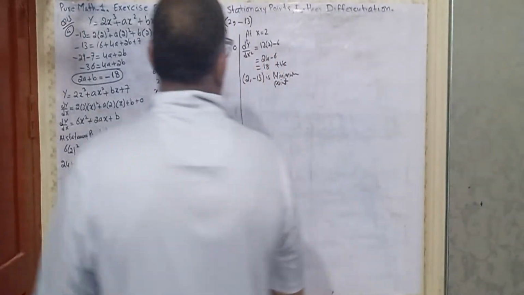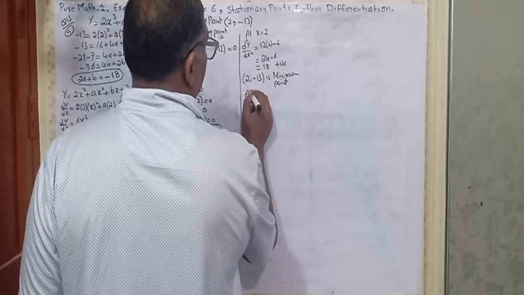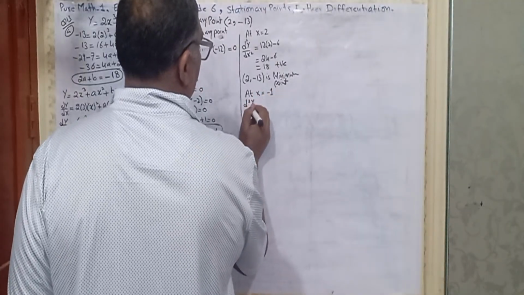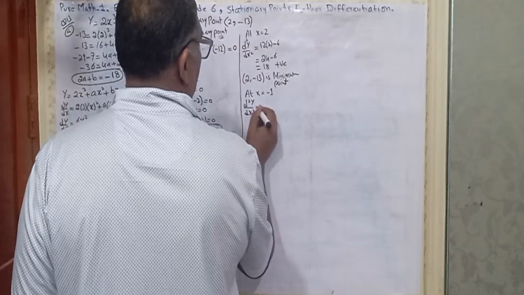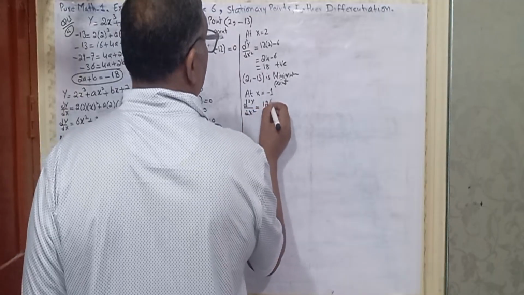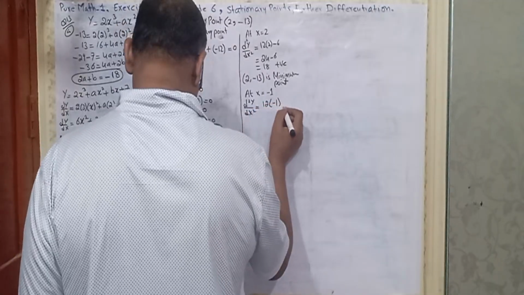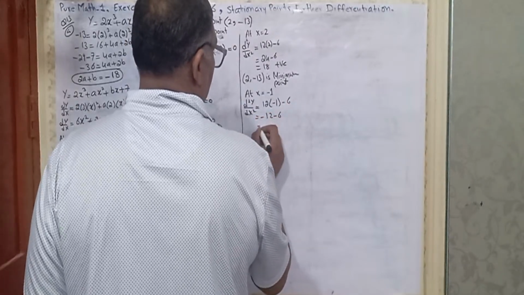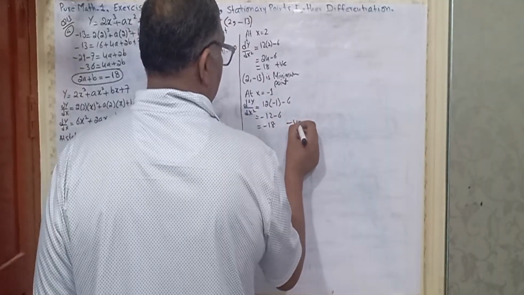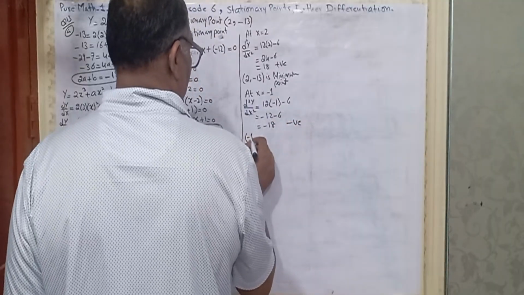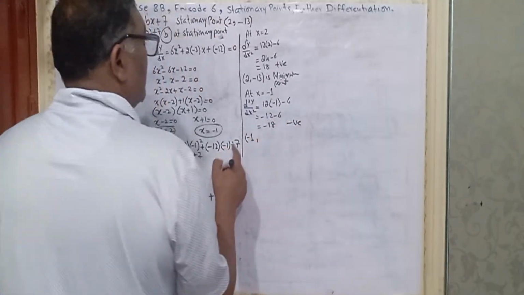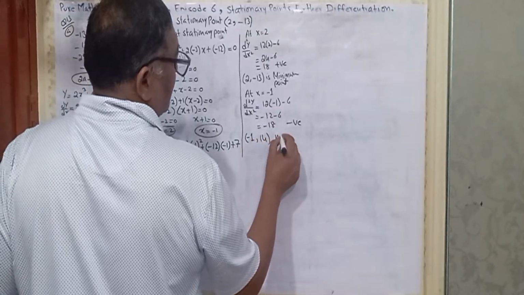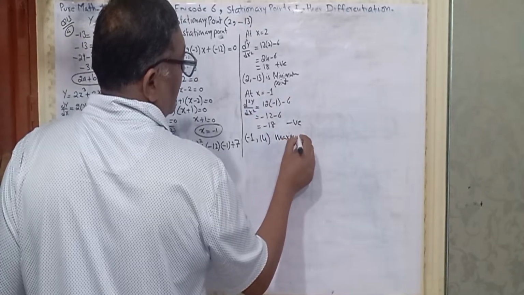Now I can put x equals -1. So at x equals -1, d square y by dx square will be equal to 12 into -1 minus 6. So this is minus 12 minus 6, which is minus 18. So it's negative. So that means -1 comma 14 is a maximum point.